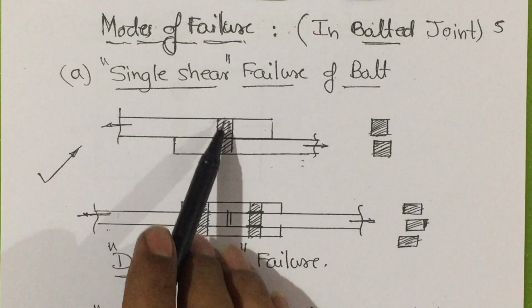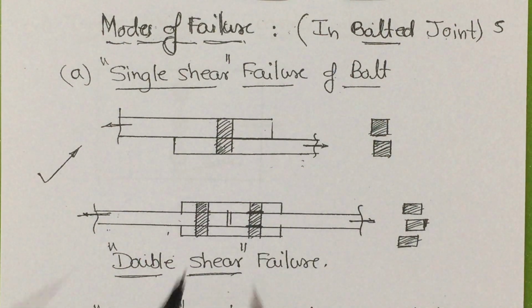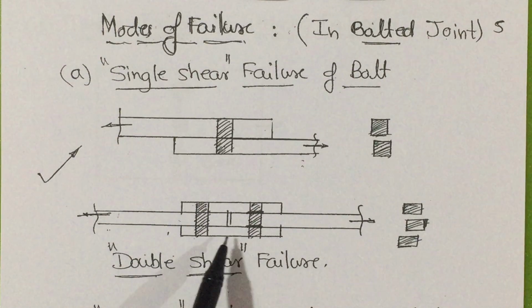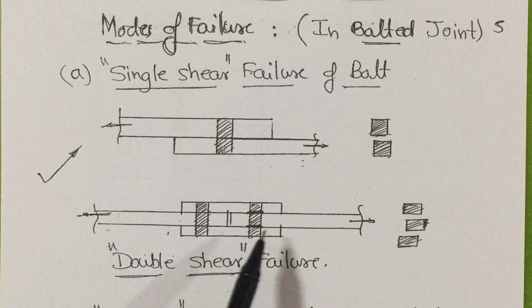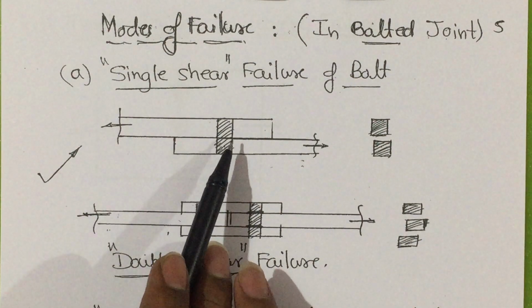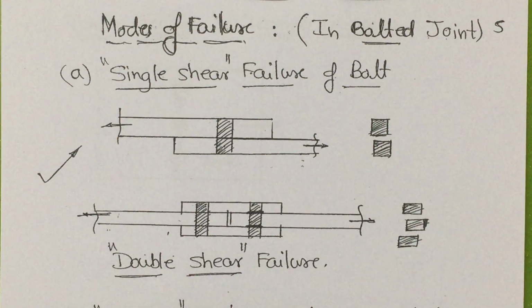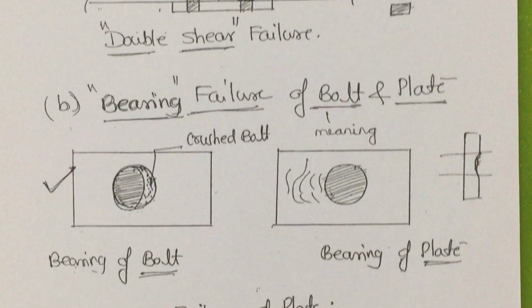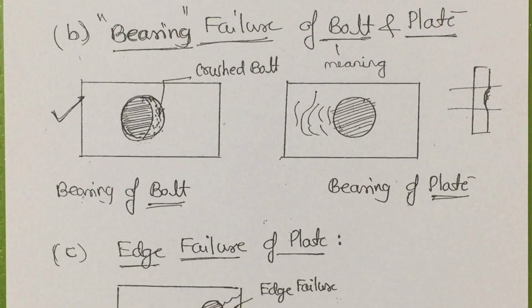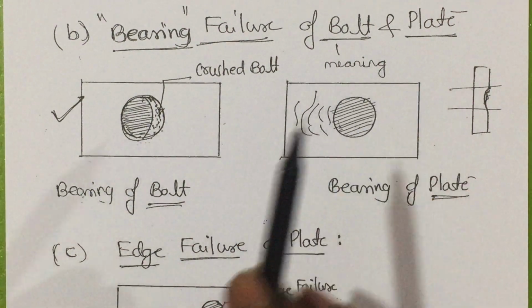If the material breaks at a single point into two pieces, we call that single shear. If the material breaks at 2 points into 3 pieces, we call that double shear failure. Then we come across bearing failure of bolt and plate.